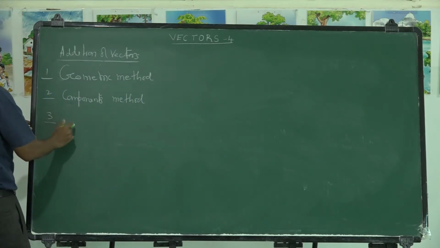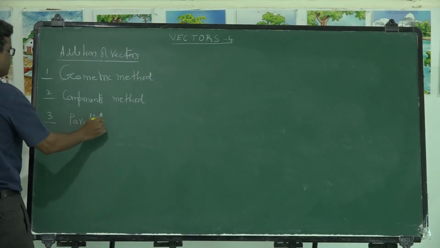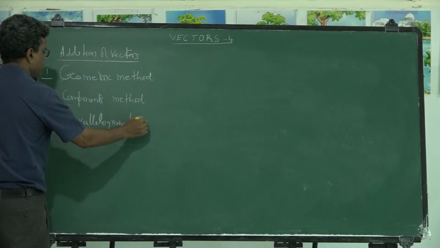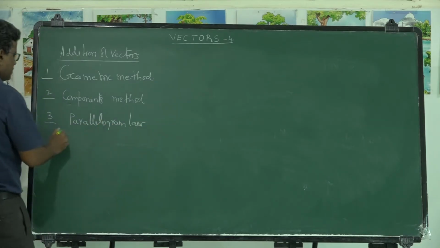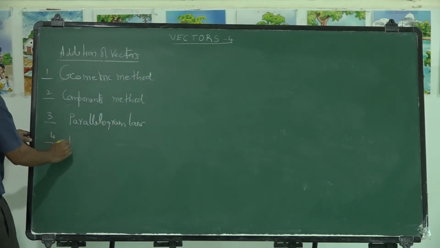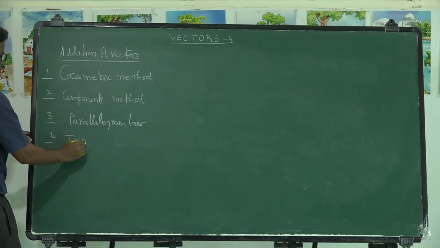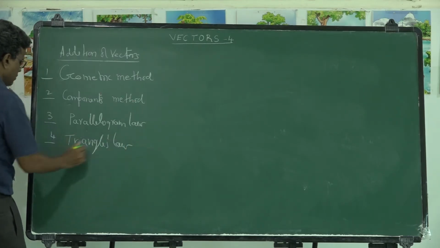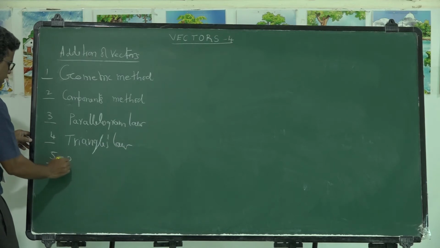The third one is the parallelogram law of addition of vectors. The fourth one is the triangle law. The fifth one is the polygon law.